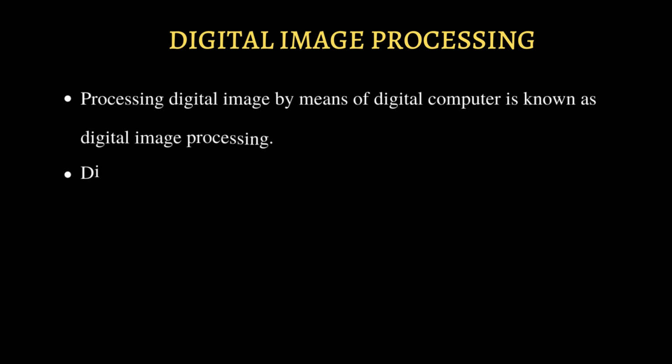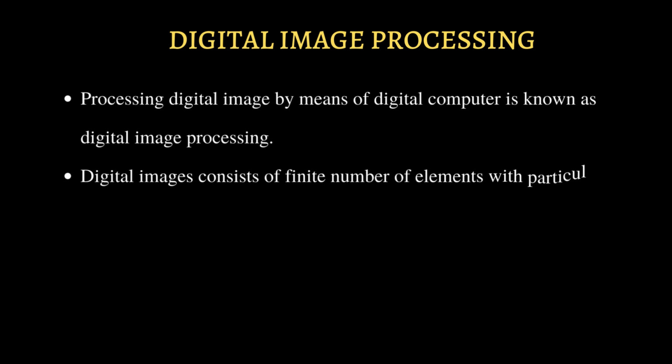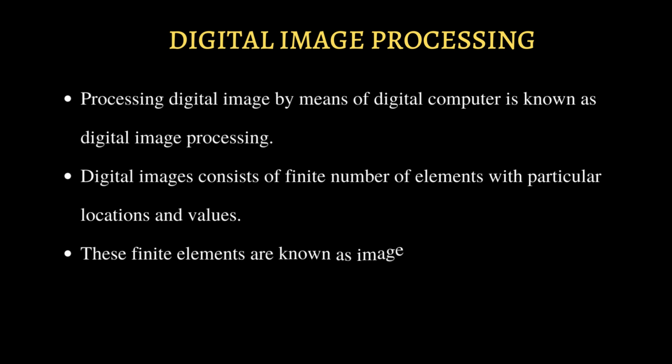Next, we are going to discuss what digital image processing is. You already understand what a digital image is. Digital image processing means processing of a digital image by means of a digital computer. You will know what a digital computer and an analog computer are.